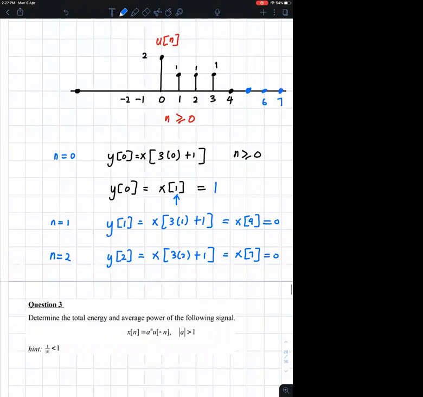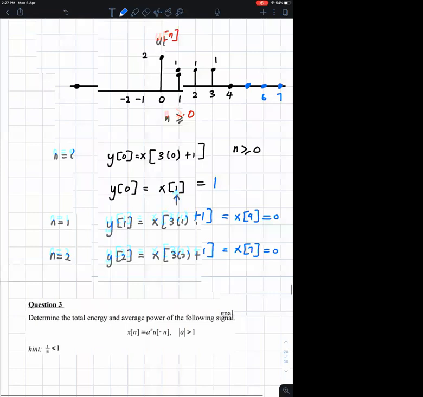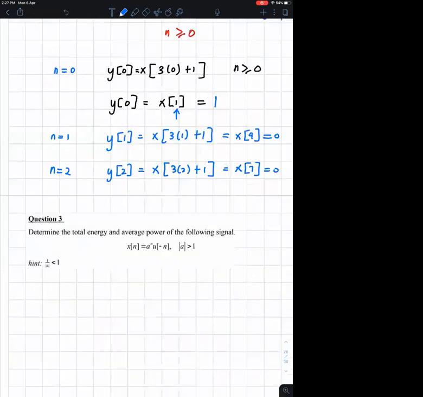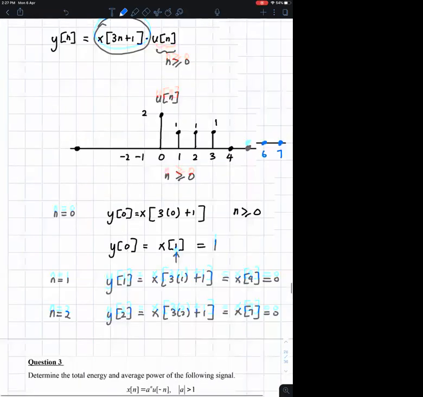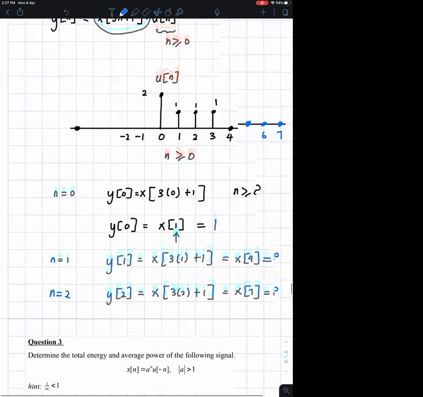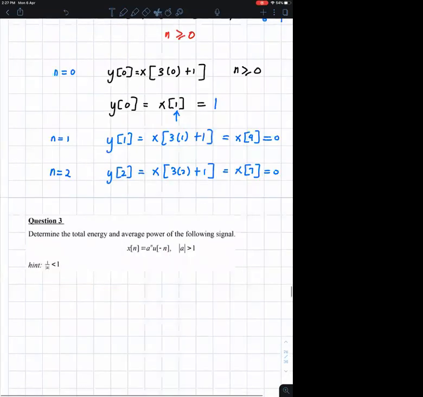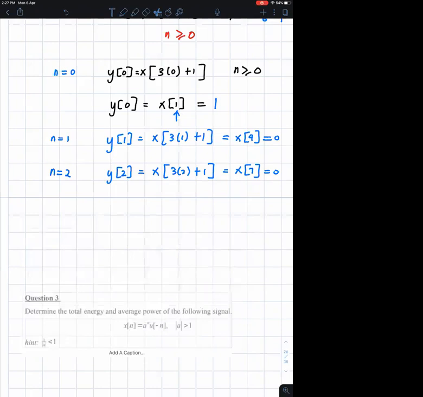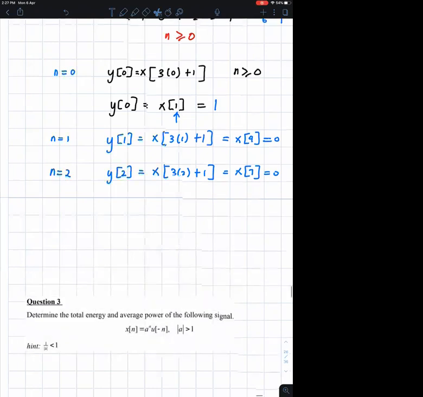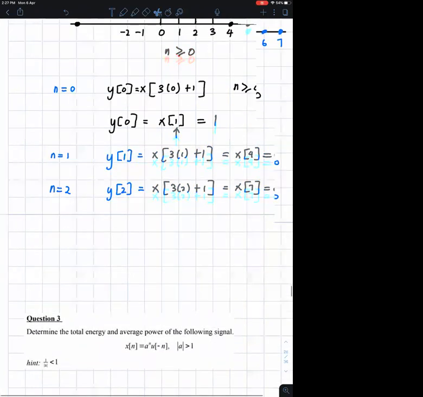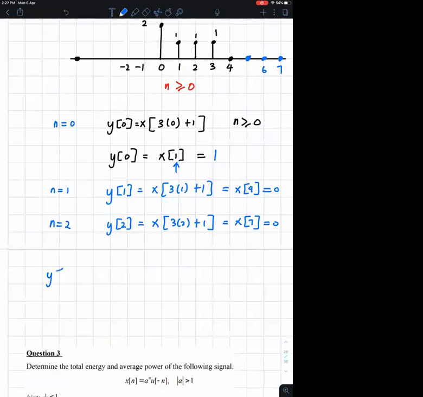So there's no point of evaluating anymore, correct? So y[0], the only answer is y[0] equals 1.